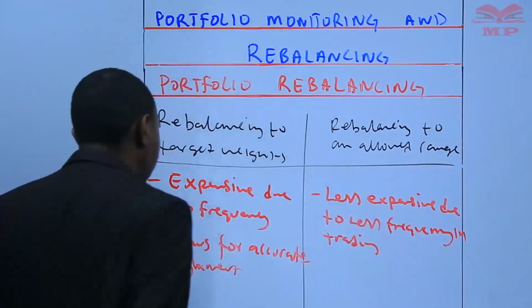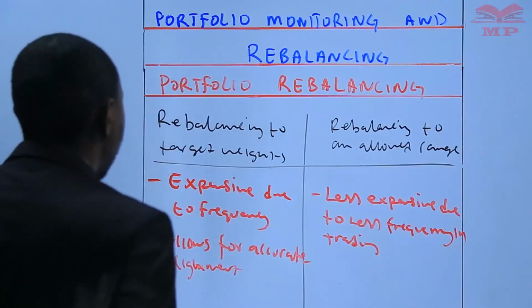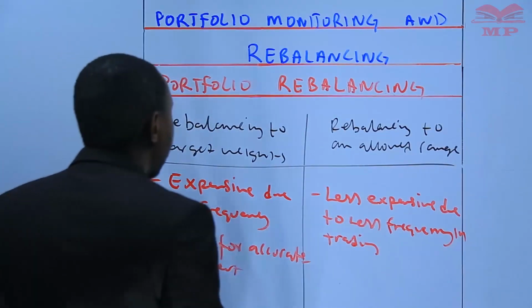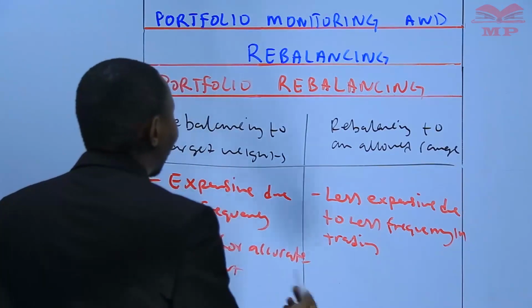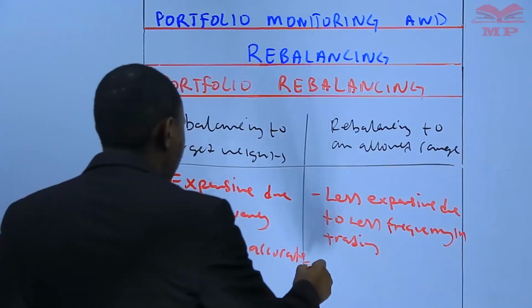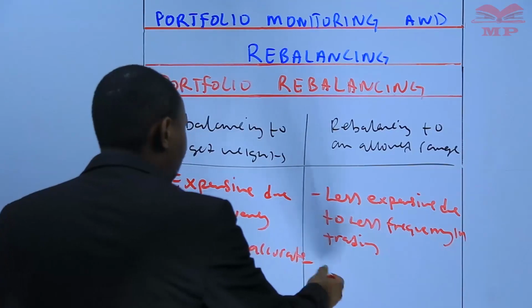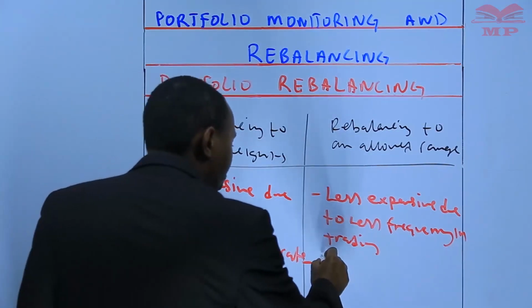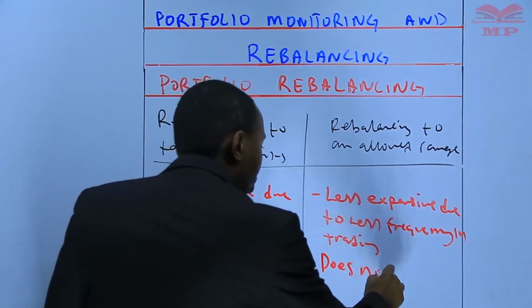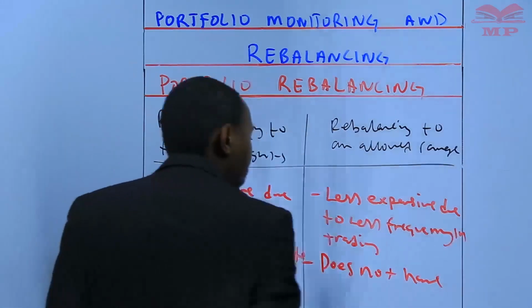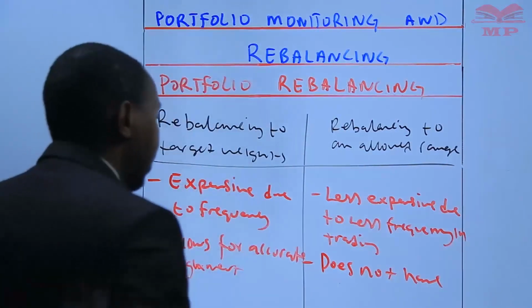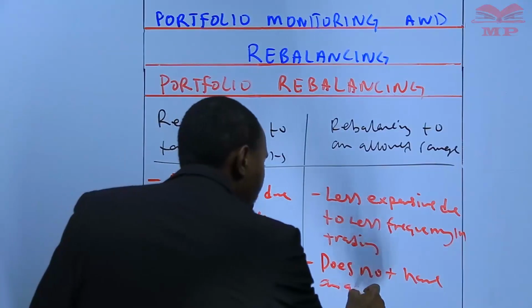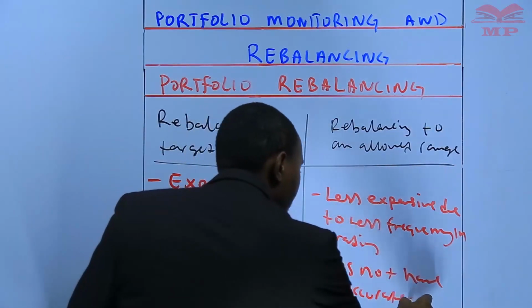Target weights allows for accurate alignment, and over here there is less alignment. It's not as accurate. It does not have or implement an accurate alignment.